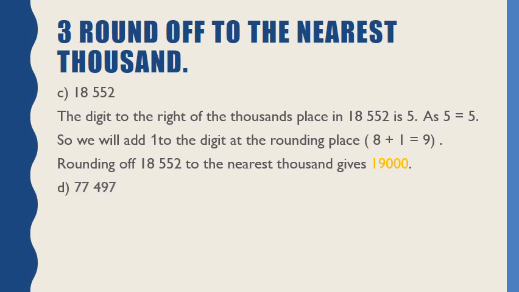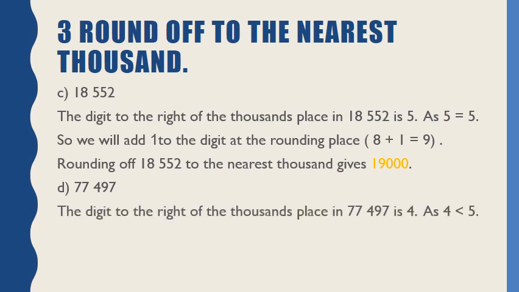Now let's come to the D part of question number 3. The number is 77,497. Now children, in this number, the digit at the rounding place, which is the thousand place, is 7. The digit to the right of the thousand place in 77,497 is 4. 4 is less than 5.